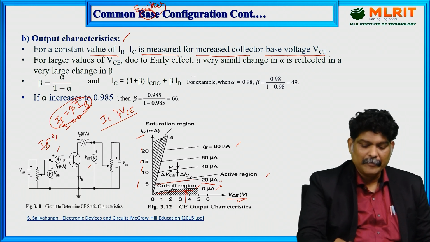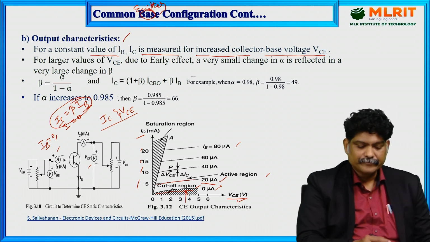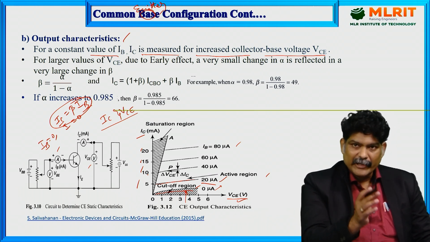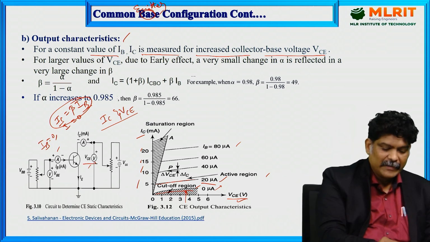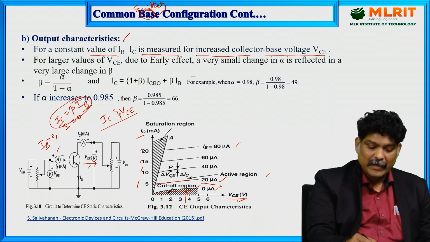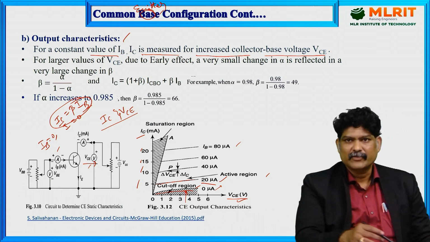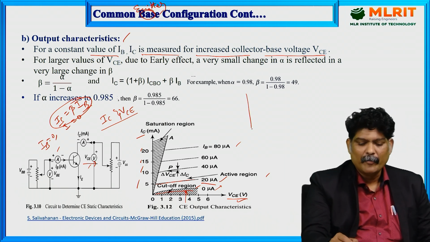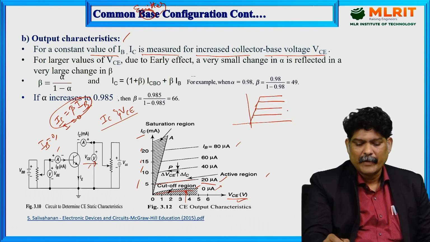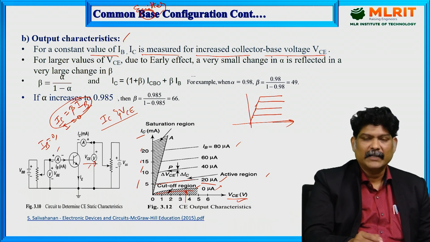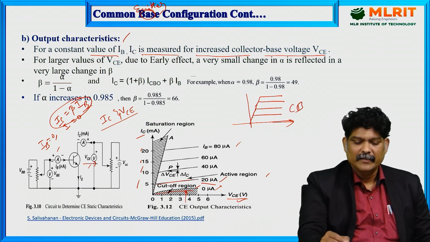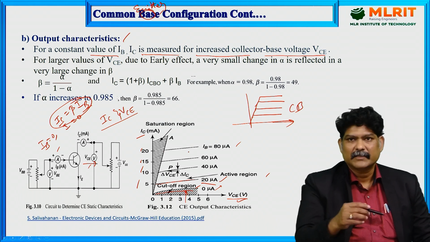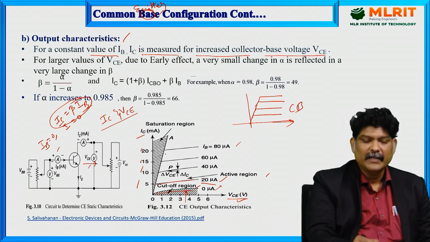If you further increase the VCE value, there is no increase because it's reverse bias, but your collector current reaches the saturation level and stays constant. In the common base configuration, the curves are exactly constant, horizontal or parallel to the x-axis, whereas in CE configuration there is a slight change like this. There is a slight slope here.